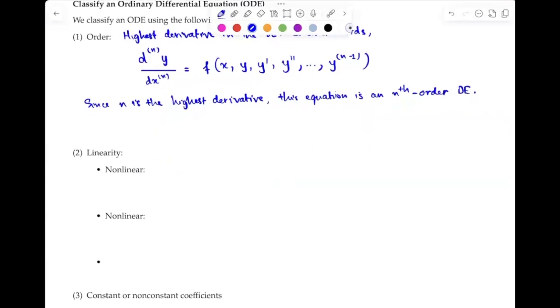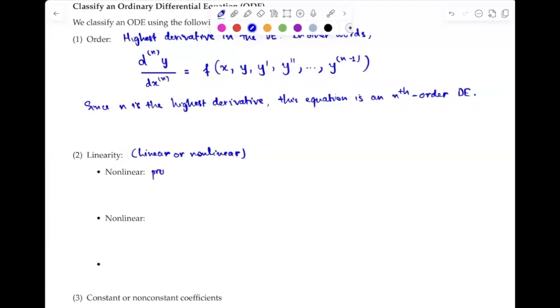Now the second category, linearity. You want to classify if the differential equation is linear or nonlinear. So how would you do that? When you look at the differential equation, you pick out the product of the dependent variable with itself or its derivatives. If there is something like that, you automatically classify the differential equation as nonlinear.